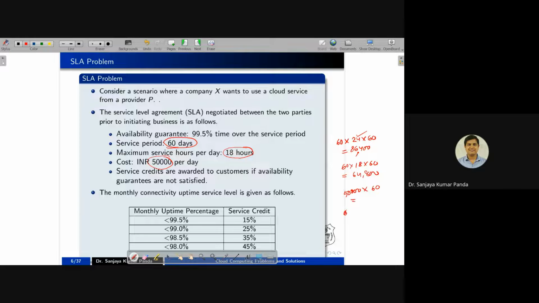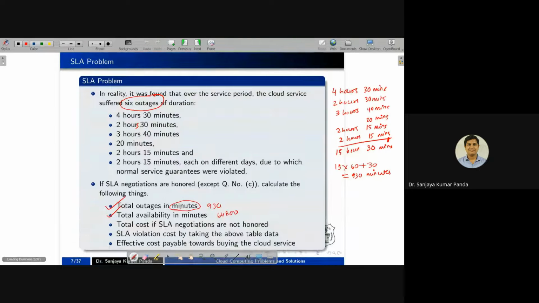This is the maximum amount you have to pay. So how much is it coming? 50,000 into 60. So 30 lakhs. So maximum you have to pay is 30 lakhs if SLA negotiation is not honored, or you can say if normal service were not violated. So the answer you will get is 30 lakhs.